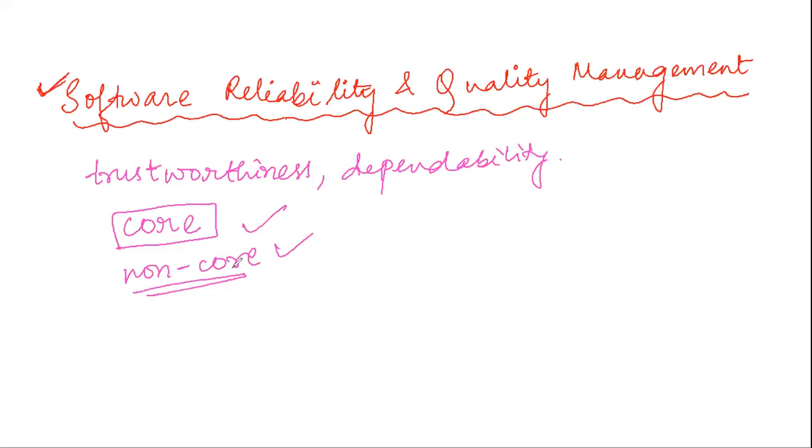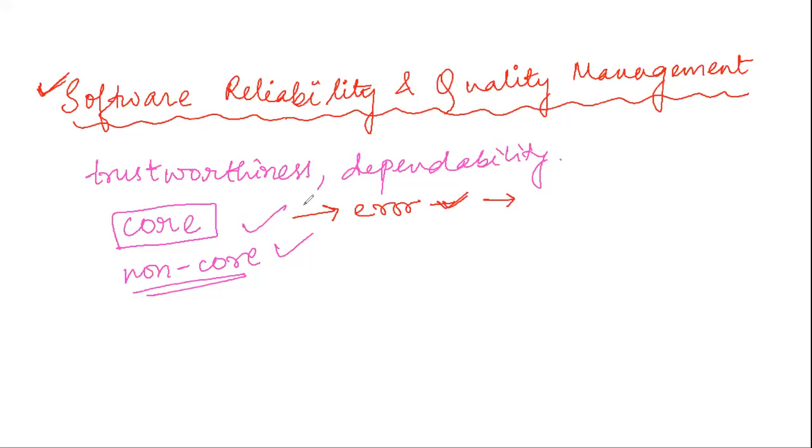Okay. So suppose I remove any error from this core part, then it will look like I have made a major improvement. Even if a single error is removed from the frequently used part, it will show up as a large improvement.